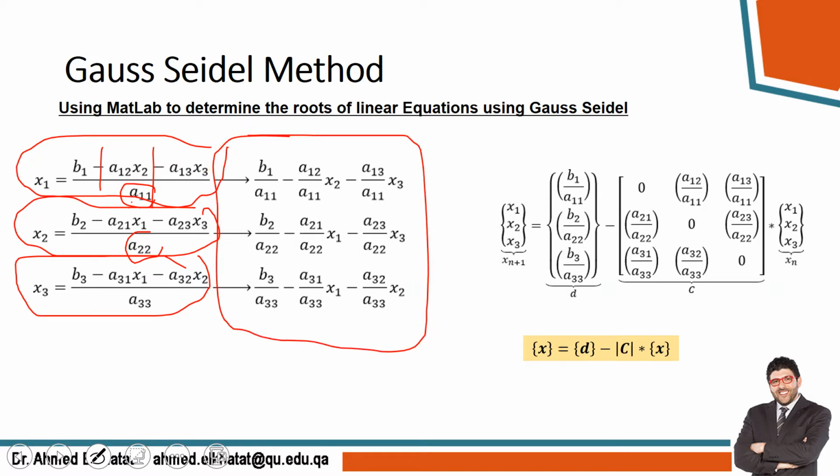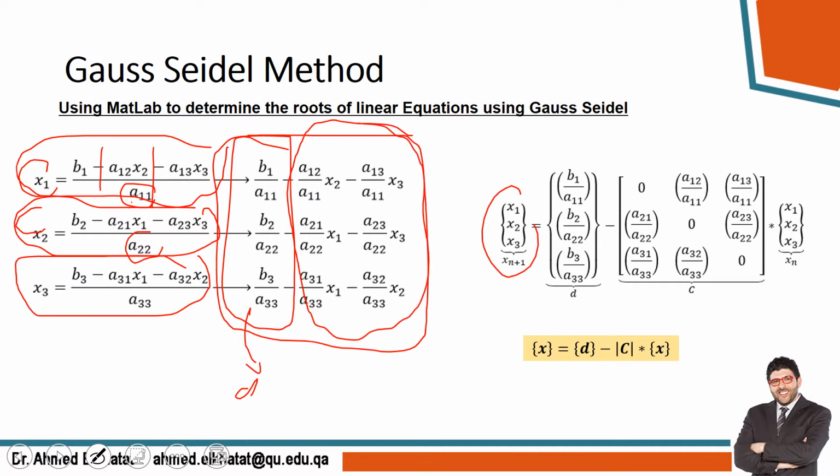Then we can say x1, x2, x3 equal, and we can call this D, and then these two parts are another matrix. So this one is a vector or array, and this one is a matrix. But as you can see here, in the first row we don't have x1, in the second row we don't have x2, and in the third row we don't have x3.